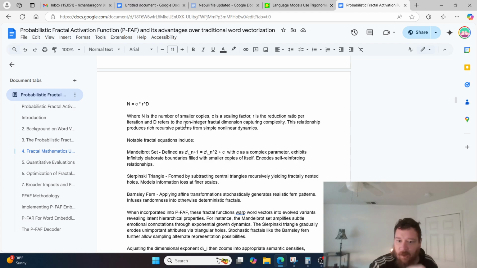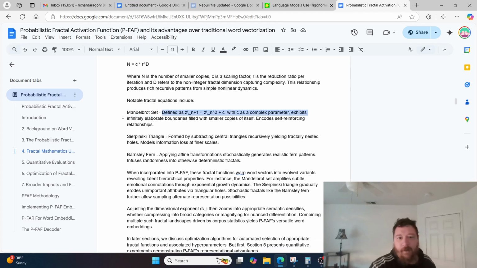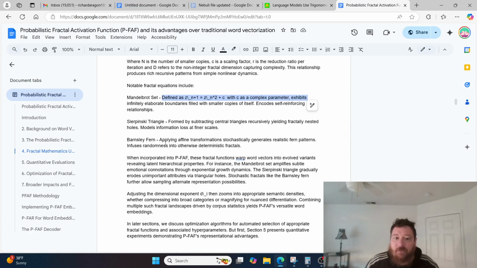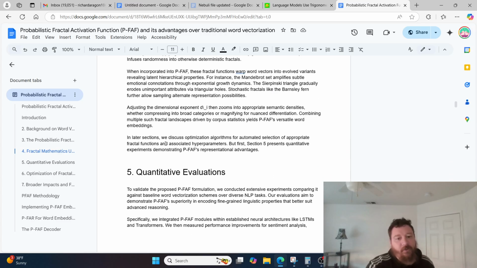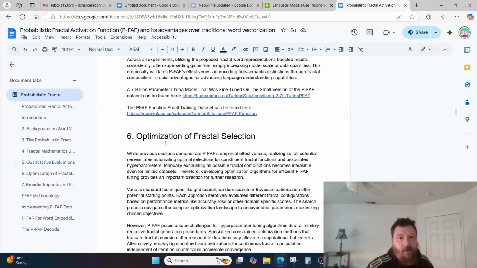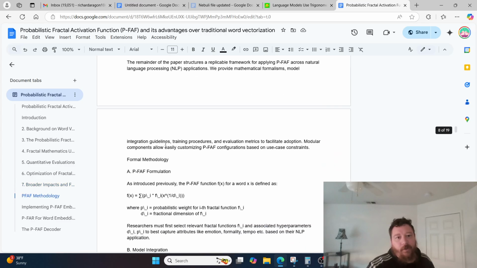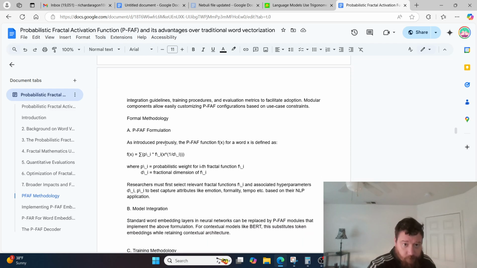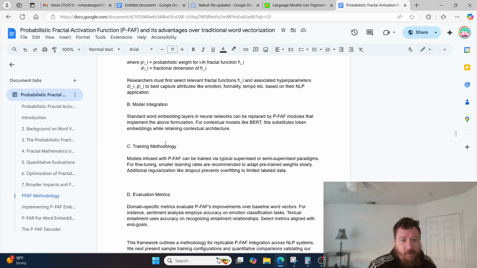Here are more equations, and this is all, again, for the LLM models. If you want to, LLM model, play around with this, play around with Mandelbrot sets, Sierpinski triangles, Barnsley ferns, figure out which one best applies for these calculations and transformations, and do it.